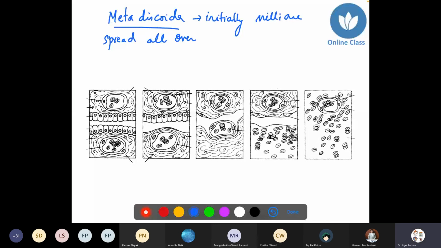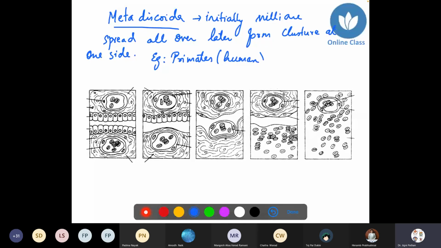Later forms a cluster at one side. Example, humans, primates. So this is about the human placenta.